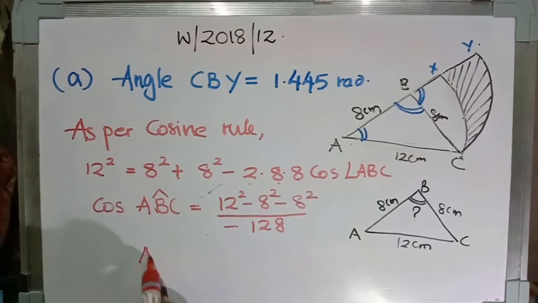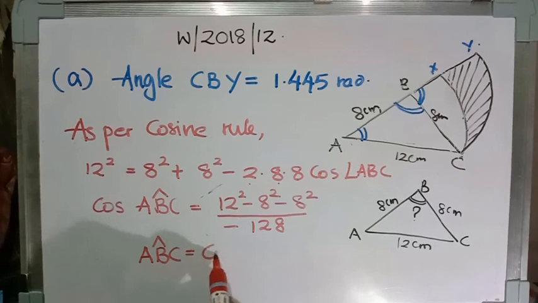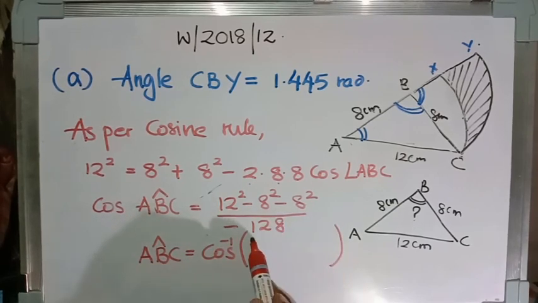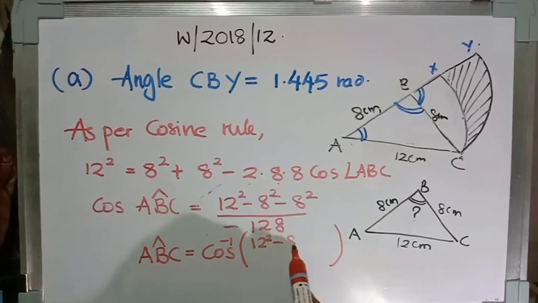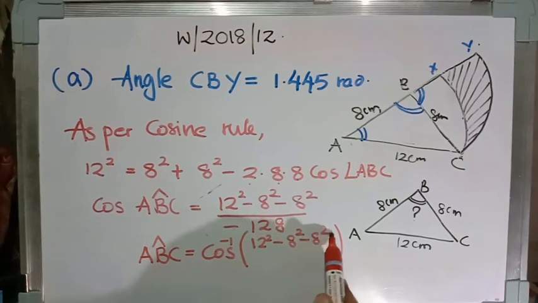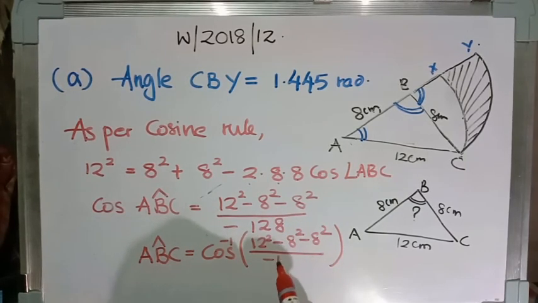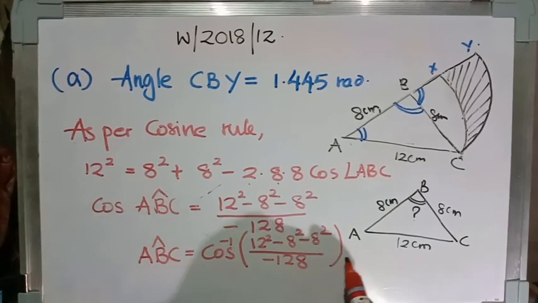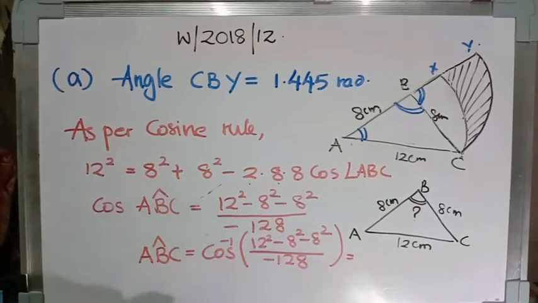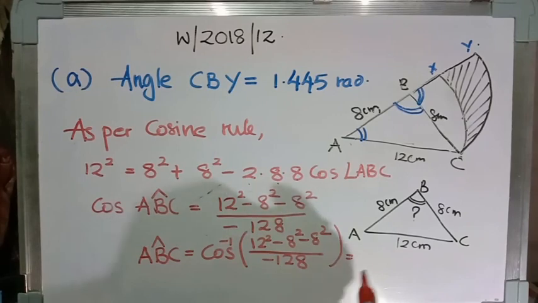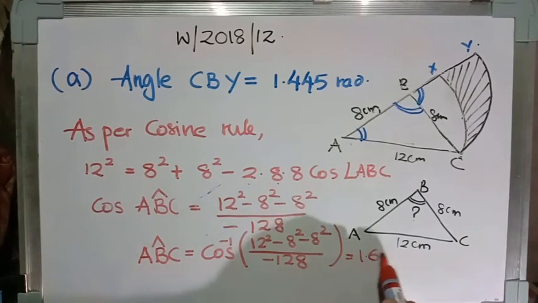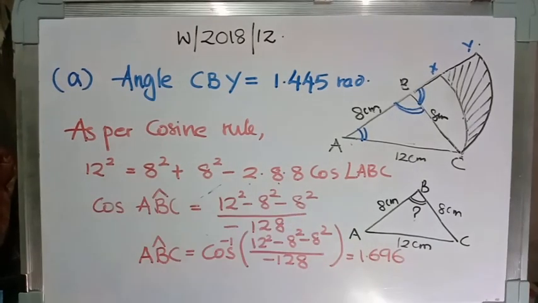Or angle ABC is equal to cos inverse of this, 12 squared minus 8 squared minus 8 squared all divided by minus 128, which is approximately 1.696.